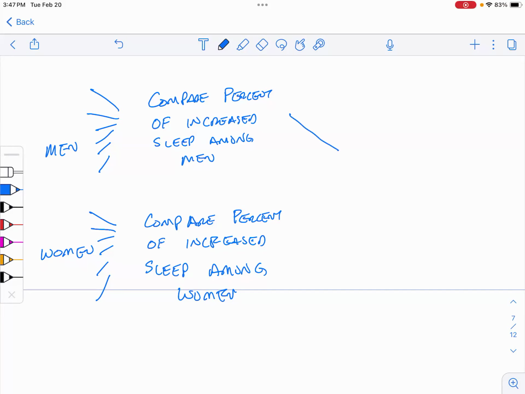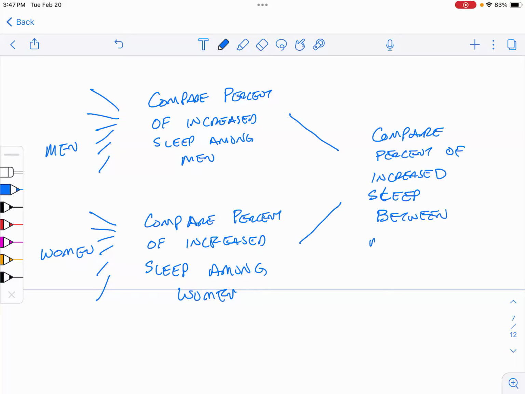And that is the other benefit of blocking. So then compare percent, and then we could actually see if there is a difference.